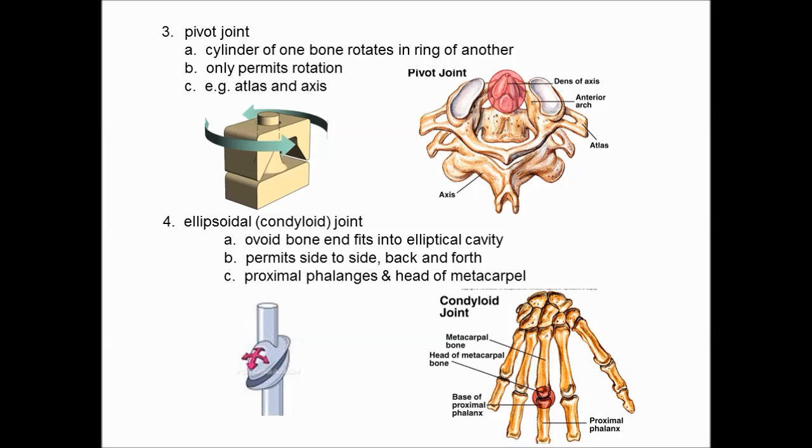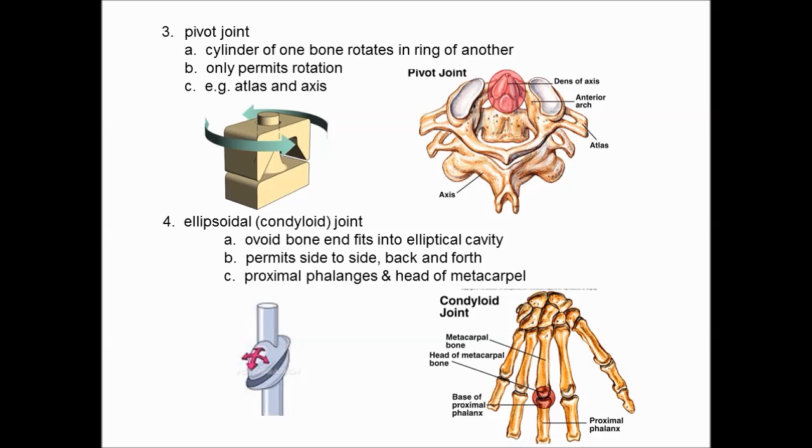The fourth is a condyloid, or what's also called an ellipsoidal joint, and it consists of an oval-type bone that sits in an elliptical cavity. And once you get this picture, you can imagine what type of motion is allowed, side to side or back and forth, as the arrows indicate.